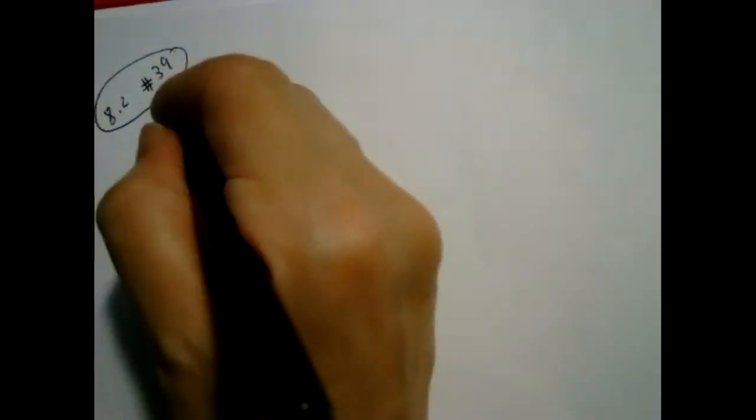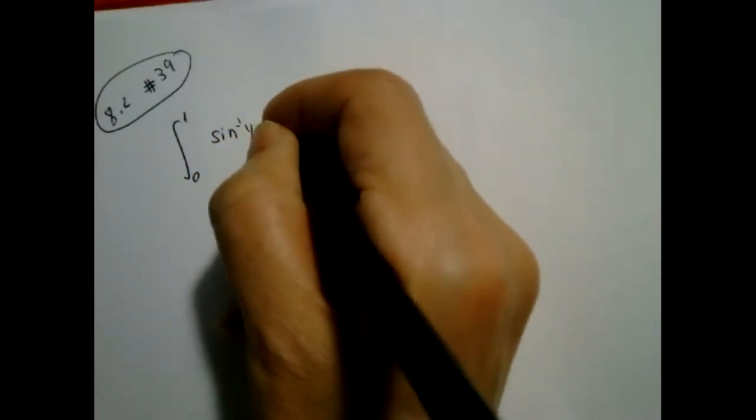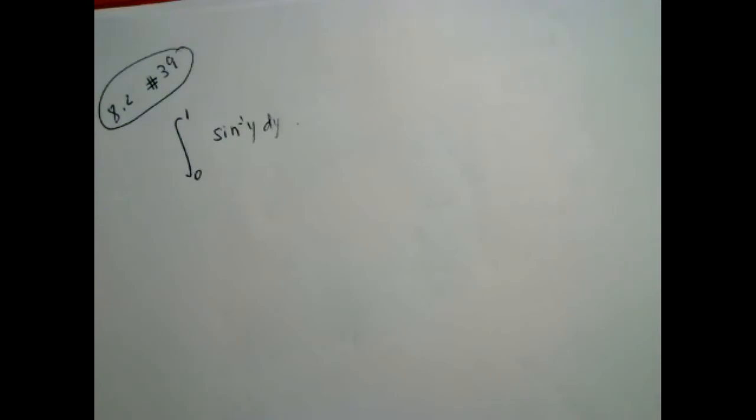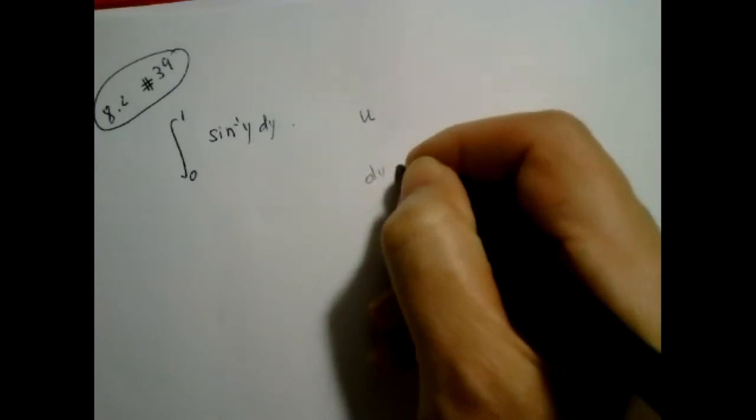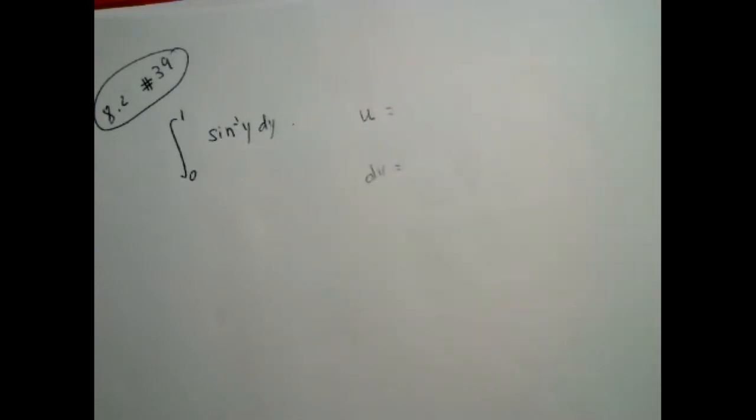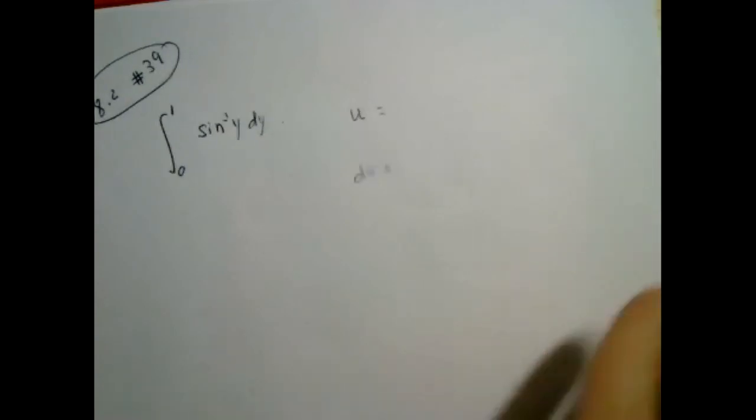8.2 number 39. It was the integral from 0 to 1 of sine inverse of y dy. And this is the typical integration by parts problem. So we have a u and a dv. Okay, so what do you think is going to be the u in this problem?